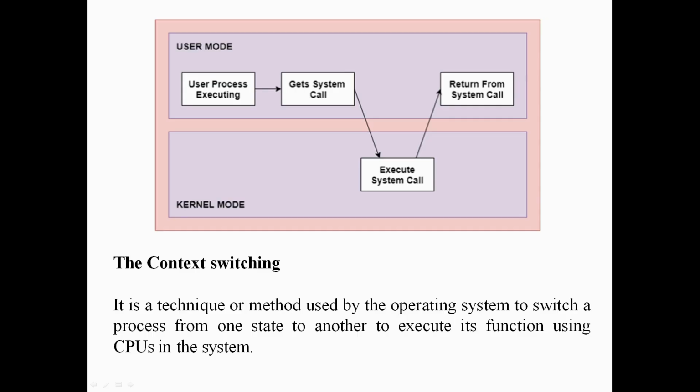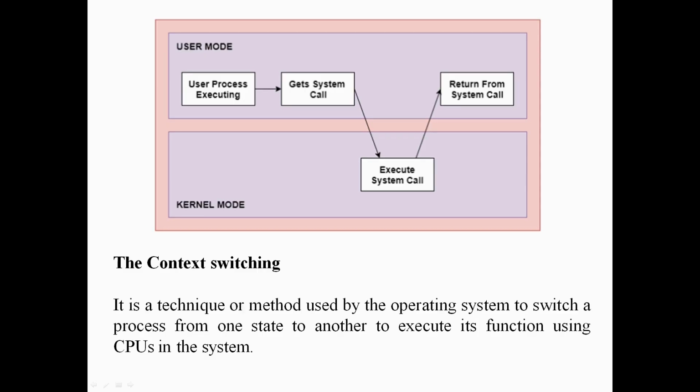At that time, it cannot directly access those resources. So it has to execute a system call, that is, it has to make a call. It can also be interpreted as an interrupt or a trap.